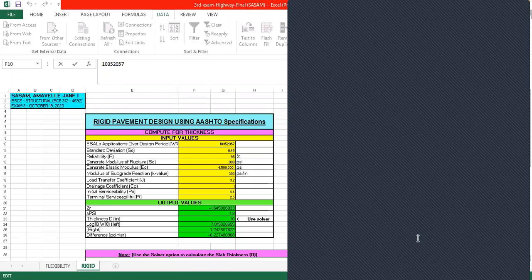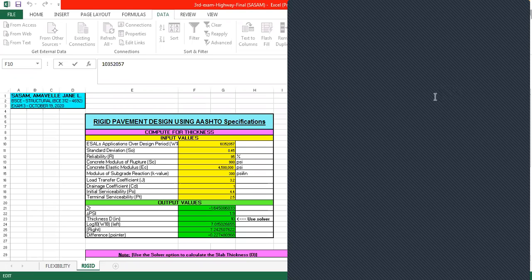The 10,352,087. So we have here the standard deviation of 0.45. Then for the reliability, the 95%.